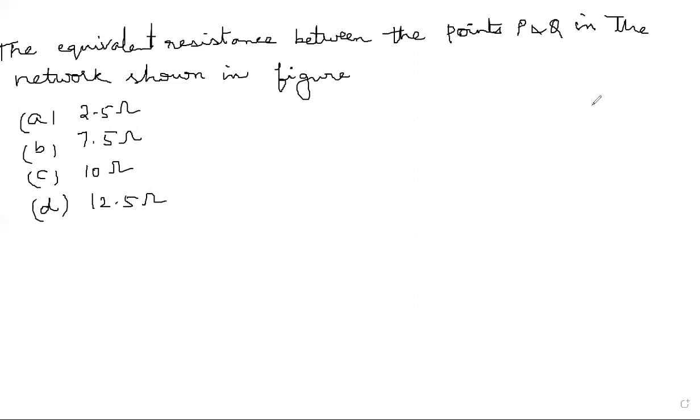Now the circuit they given like this. So this is P and Q. So they given this as 5 ohm, 30 ohm, 10 ohm, 10 ohm, 5 ohm.